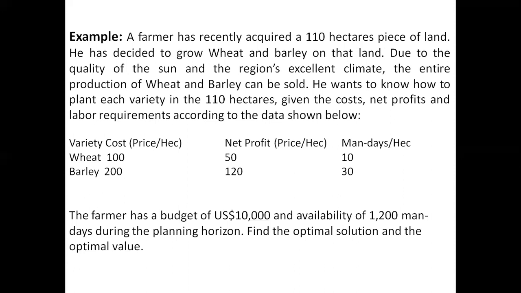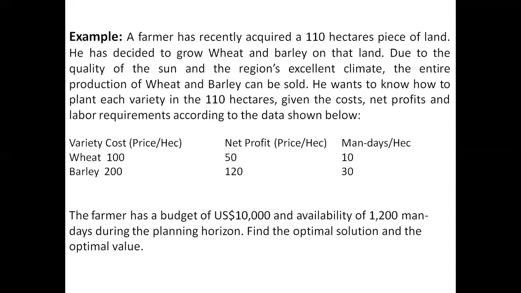As per the data given, barley costs 200 rupees per hectare, the net profit gained is 120, and the number of working days or manual power required per hectare is 30.